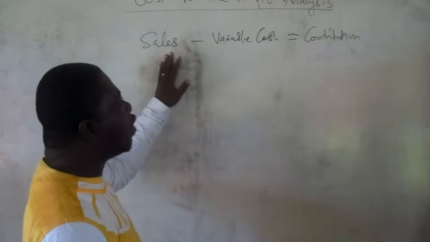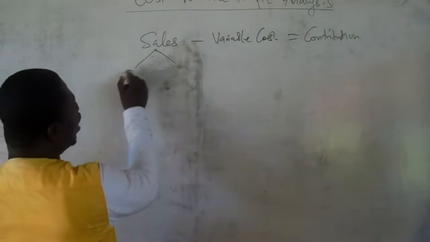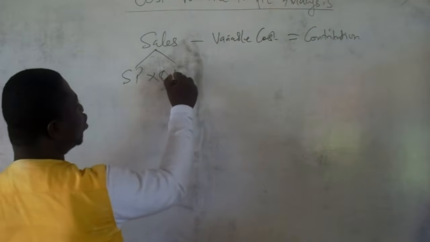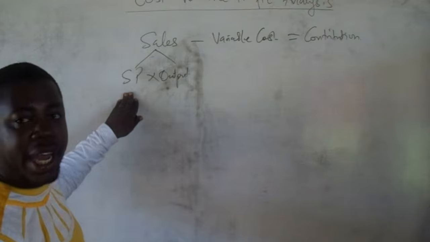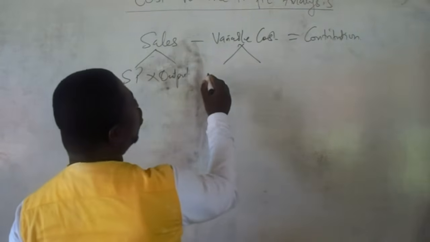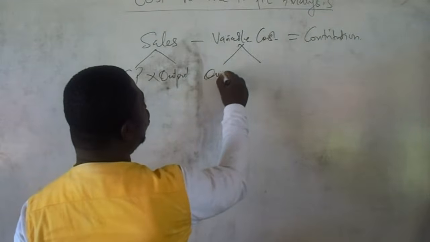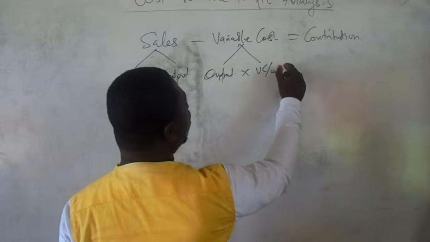Now, contribution is sales minus variable cost. Now, sales can be broken down into the selling price and output. Sales revenue is your selling price multiplied by your output. Variable cost is also your output multiplied by variable cost per unit.